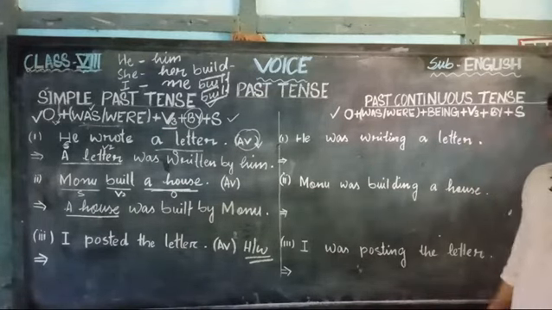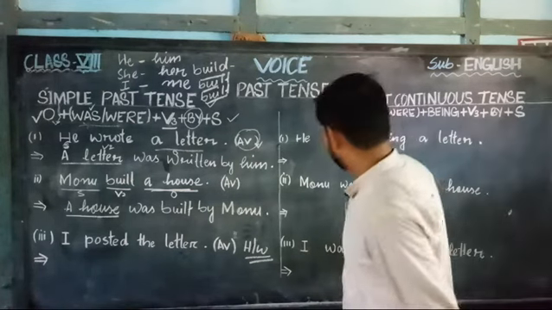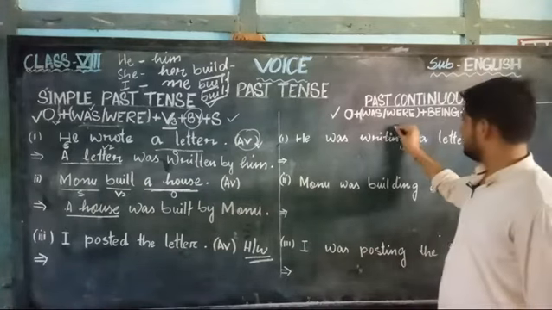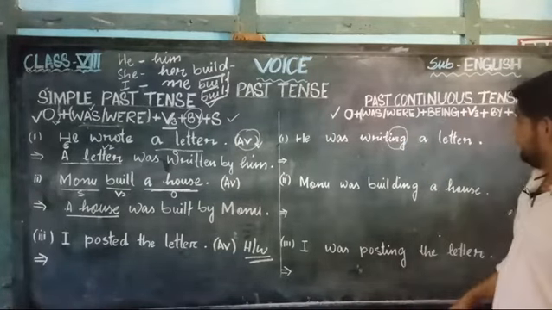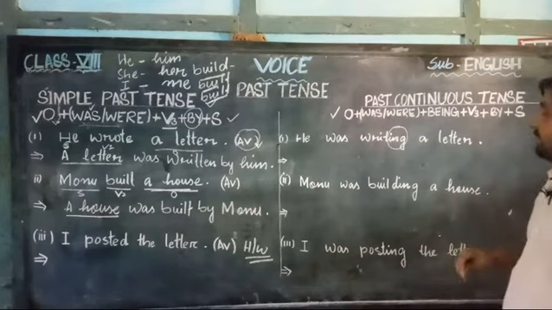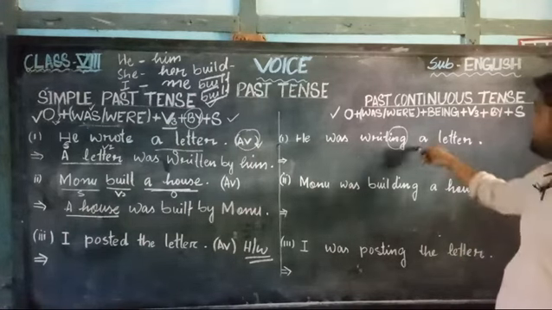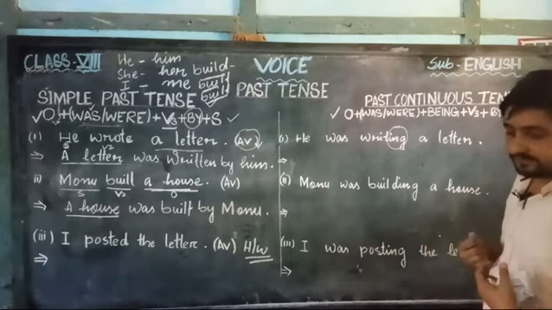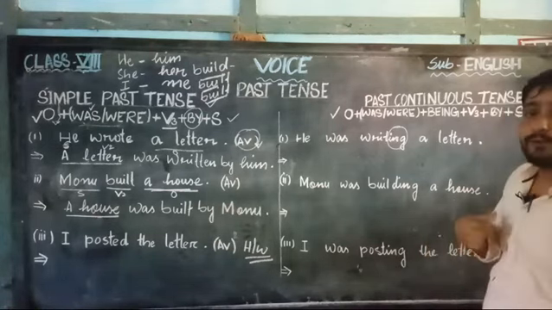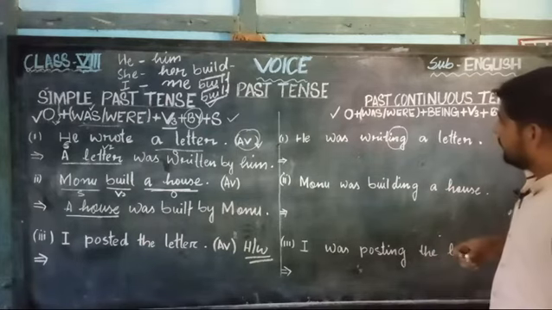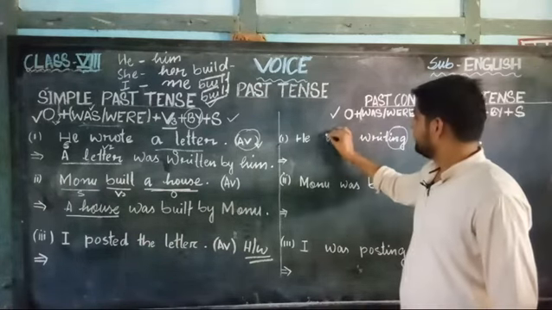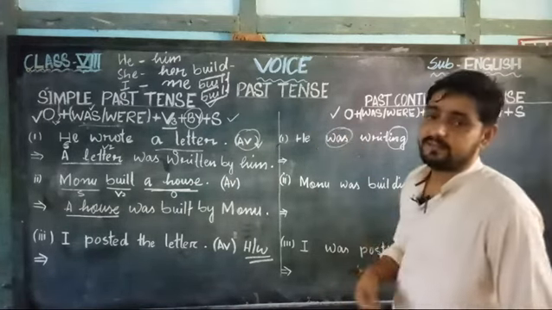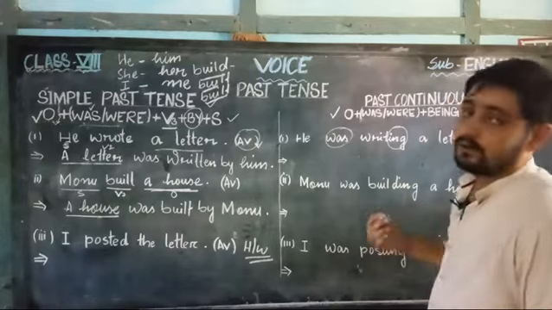He was writing a letter. One sentence is there from the past continuous tense. I told you that whenever you get ing, it always comes in continuous tense. But how can we know whether this sentence is in past continuous or present continuous tense? With the help of the helping verb, we can identify whether the sentence is in past or present.